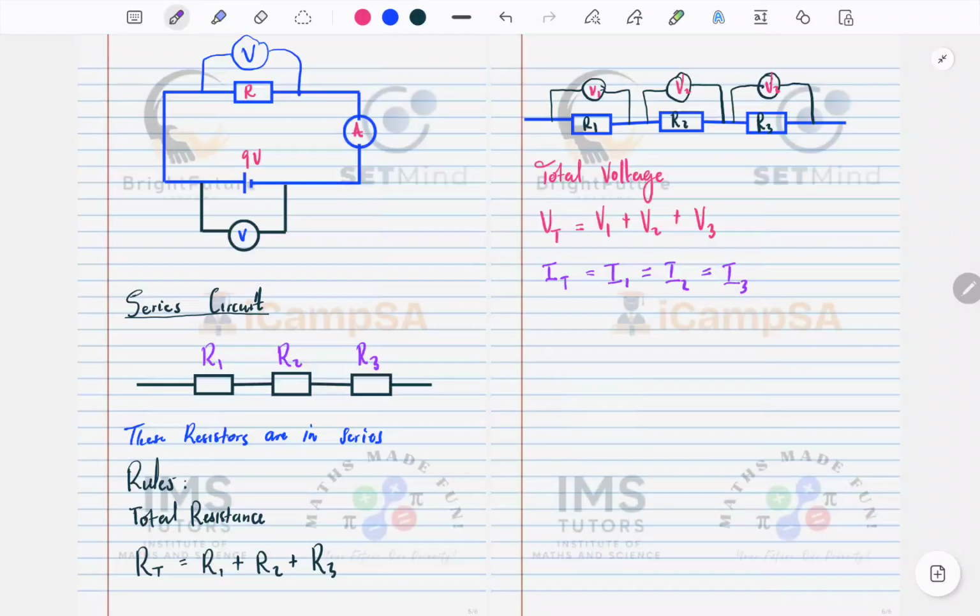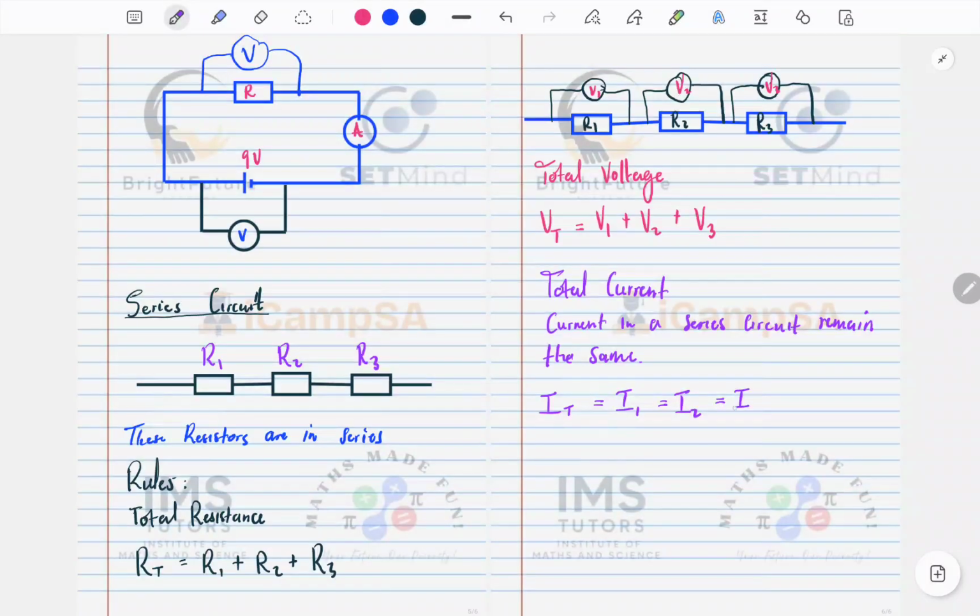So current in a series circuit remains the same. Okay, so let me write it here. Total current. So say current in a series circuit remains the same. Okay, that means IT equals I1 equals I2 equals I3.